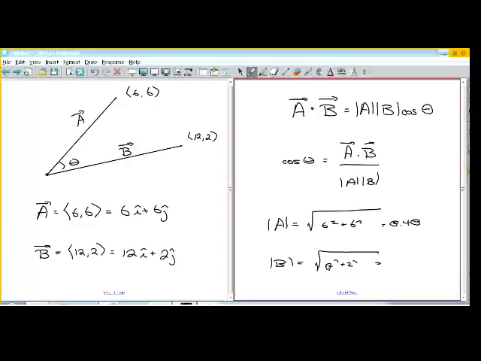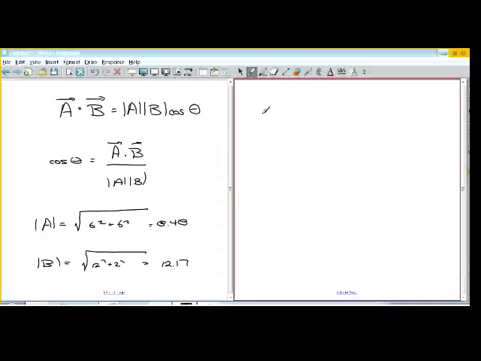Okay, so you take 36 plus 36, take the square root, and we get 8.48 units. And the length of vector B is equal to the square root of 12 squared plus 2 squared. So that's 144 plus 4, and then you take the square root, which is 12.17. Okay, so that's those two parts.